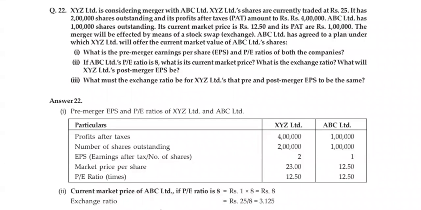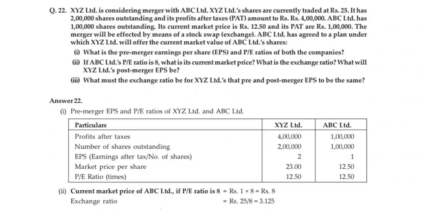Let us solve first the pre-merger EPS and PE ratio of XYZ and ABC Limited. To solve this, we'll have to prepare 3 columns: particulars, XYZ Limited and ABC Limited. First is profit after tax. If you read the problem, he has told you that XYZ's profit after tax is 4 lakh, while ABC's profit after tax is 1 lakh.